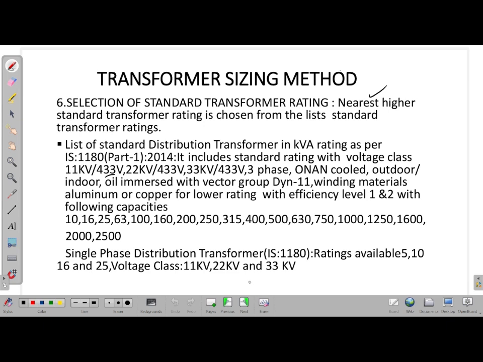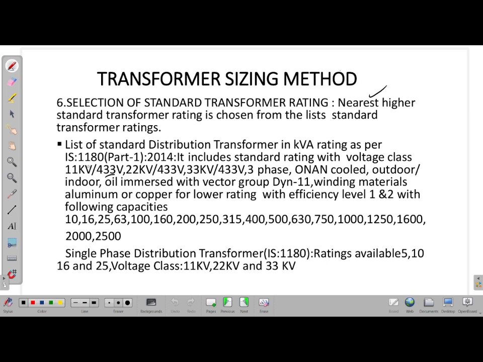During the choice of transformer, whether we require it for distribution purpose, or we will use a power transformer or dry type transformer, accordingly we choose, and accordingly there are standards. For the distribution transformer, these are the standards.